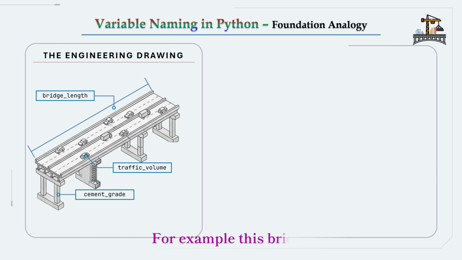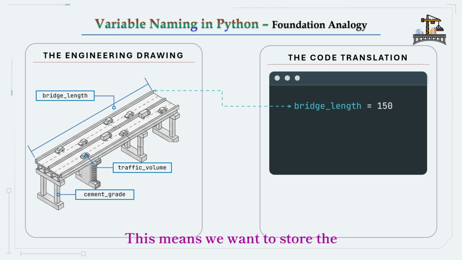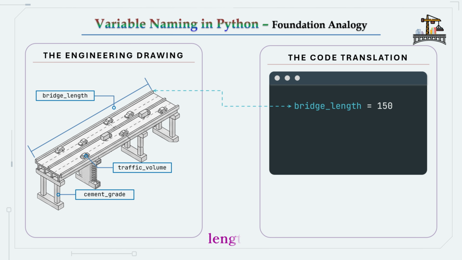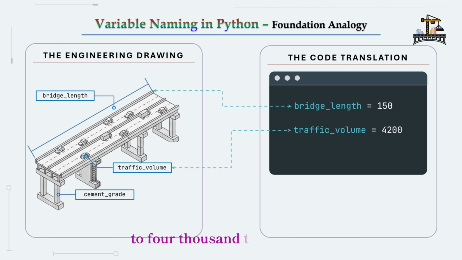For example, bridge_length = 150. This means we want to store the value 150 inside the variable bridge_length. Now consider another variable, traffic_volume = 4200.